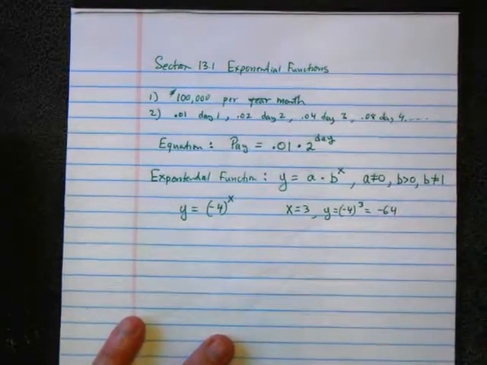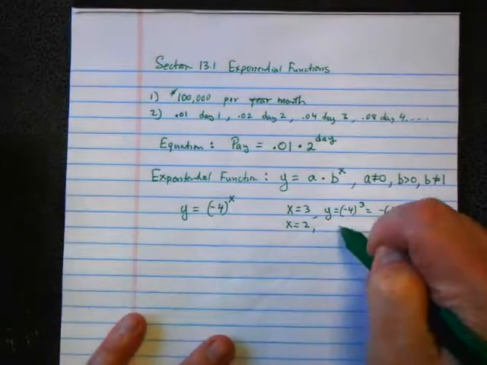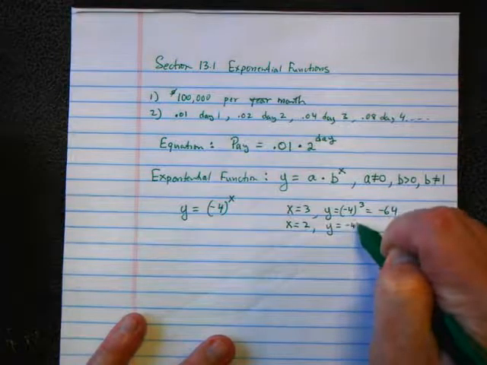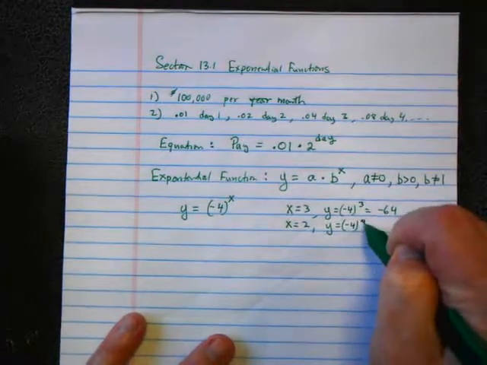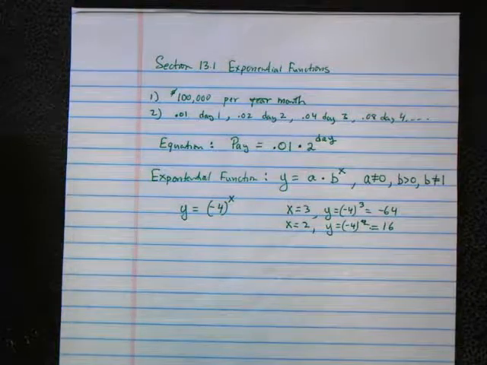I get a negative answer. That's okay for me. If x is 2, on the other hand, y is negative 4 squared, which is 16. That's okay. Sometimes functions can be positive, sometimes negative. Would it look like an exponential sine wave? No, it's worse than that.